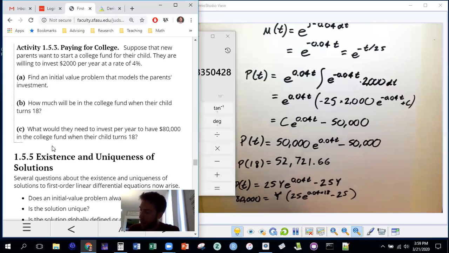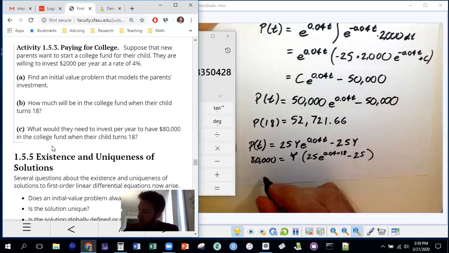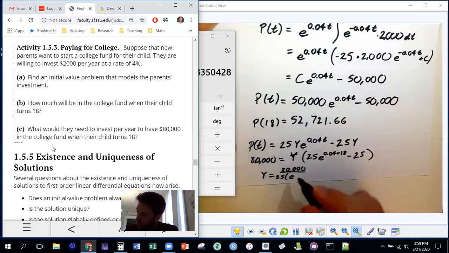Okay, so then divide that over, and you have Y. Let me state it here: Y equals 80 grand divided by 25 times e to the, did we already say 18 times 0.04 is 0.72? Sounds about right. 0.72 minus 1.